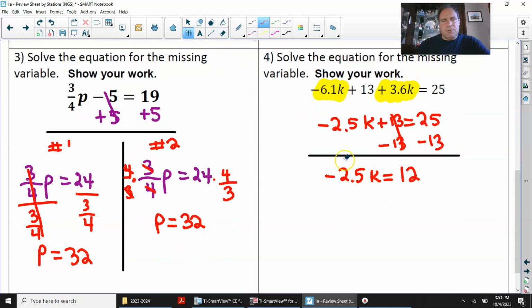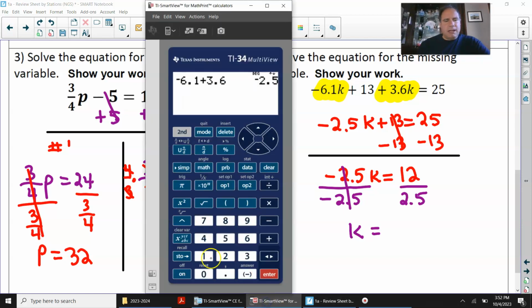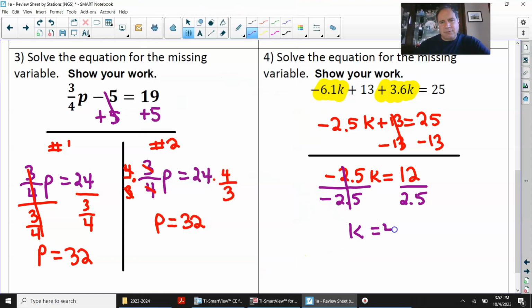After this is multiplication, so you're going to divide by negative 2.5. The reason why you're dividing is because you see this is multiplication. The opposite of multiplication is division. So we're going to get 12 divided by 2.5, and then you press enter. You get 4.8, and that is your final answer.